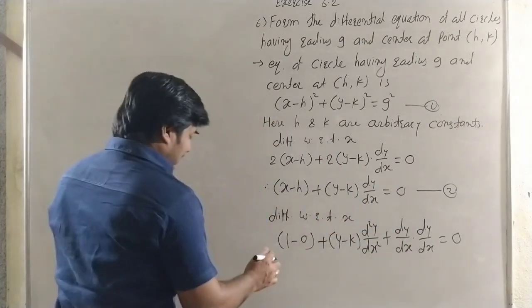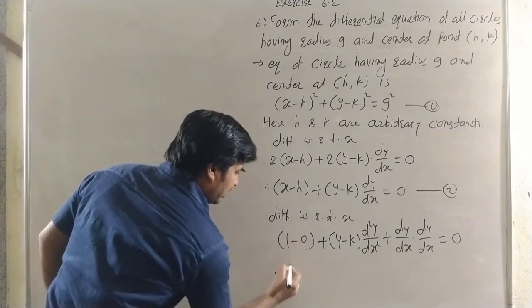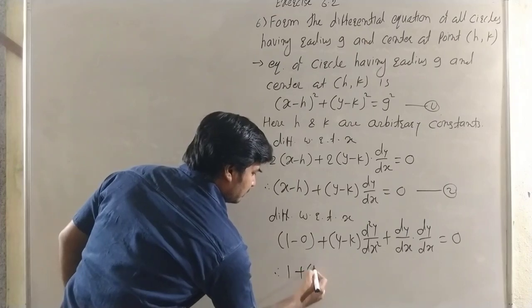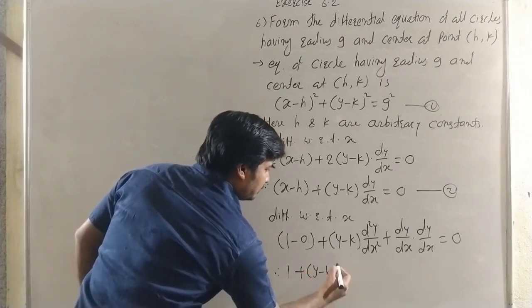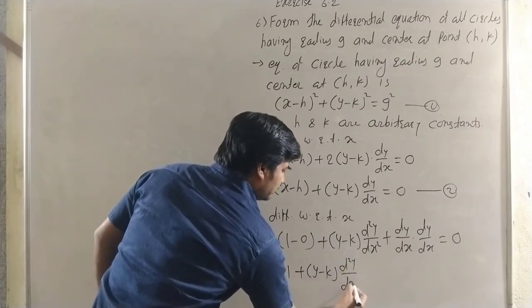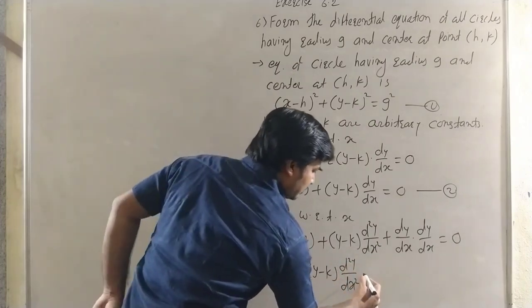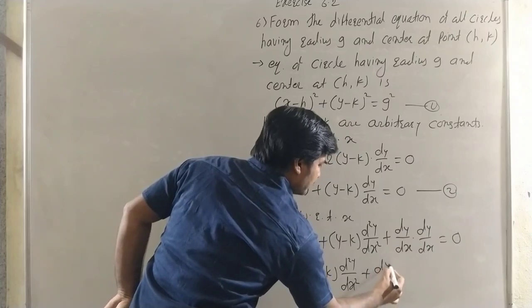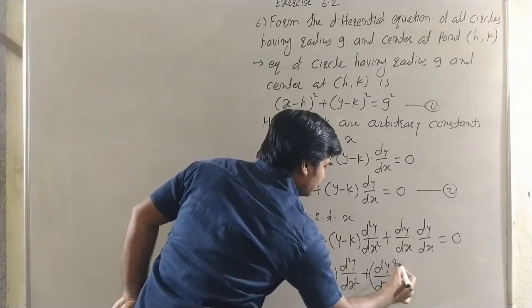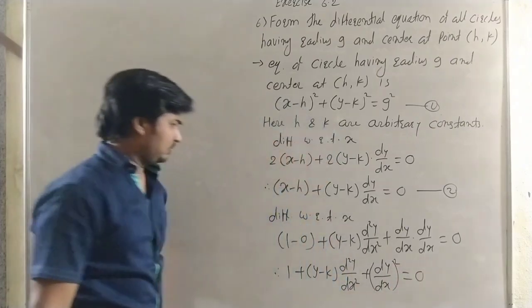Now here we can write 1 plus (y − k) into d²y/dx² plus (dy/dx)² is equal to 0. This is equation number 3.